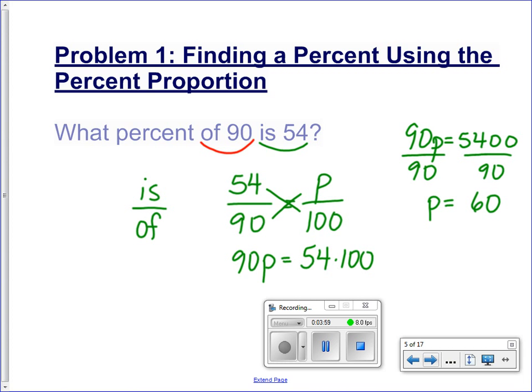All right, so what percent of 90 is 54? 60%. And let's start getting in the habit of writing our answers as a sentence. So we would say 54 is 60% of 90.